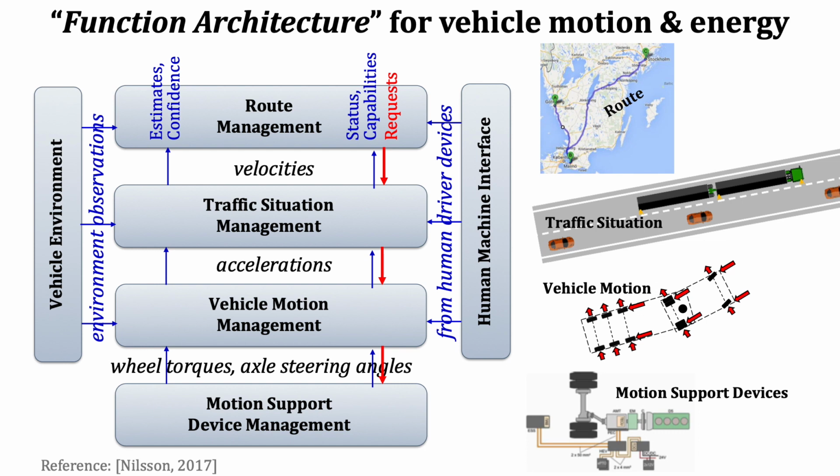Traffic situation management is more of a couple of 100 meters, changing lane, something like that. Vehicle motion management is more like 10 meters ahead, a couple of seconds. And then motion support devices is a strange name for something which we probably would call actuators. So for instance, a driveline can appear as one of the motion support devices.